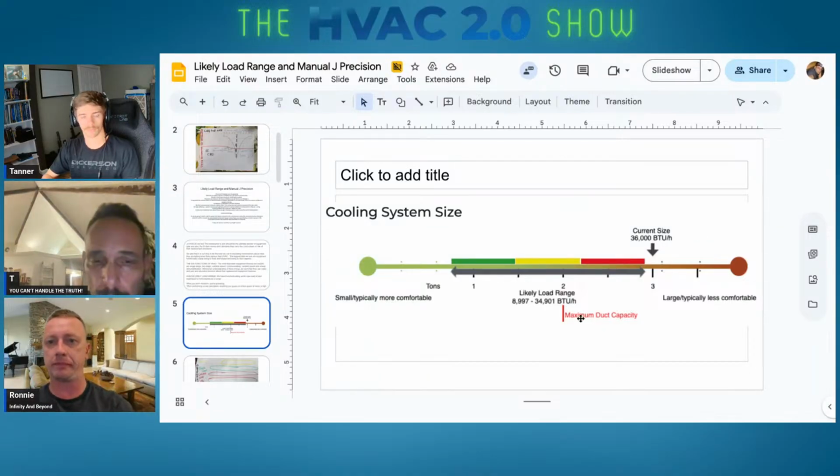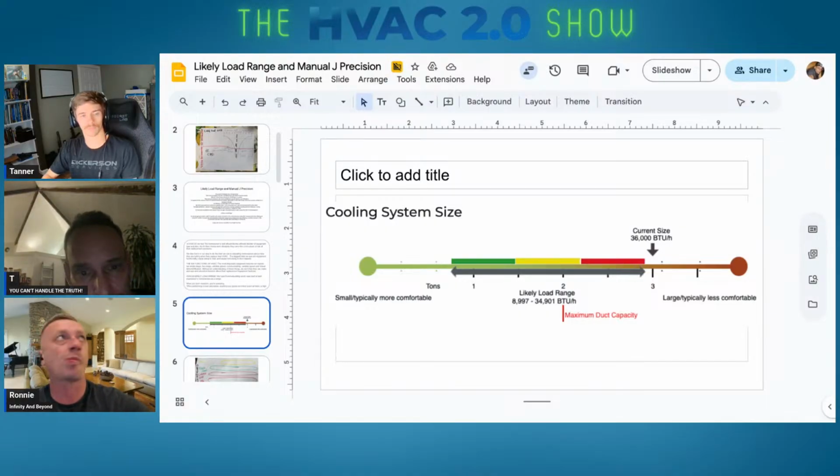So, and again, if your maximum duct is 2 ton and you could spend less than the cost of new ductwork to make your house better, wouldn't you rather take on the risk that you might need to make your house better rather than replacing the ductwork so that it's sized to the wrong size equipment?